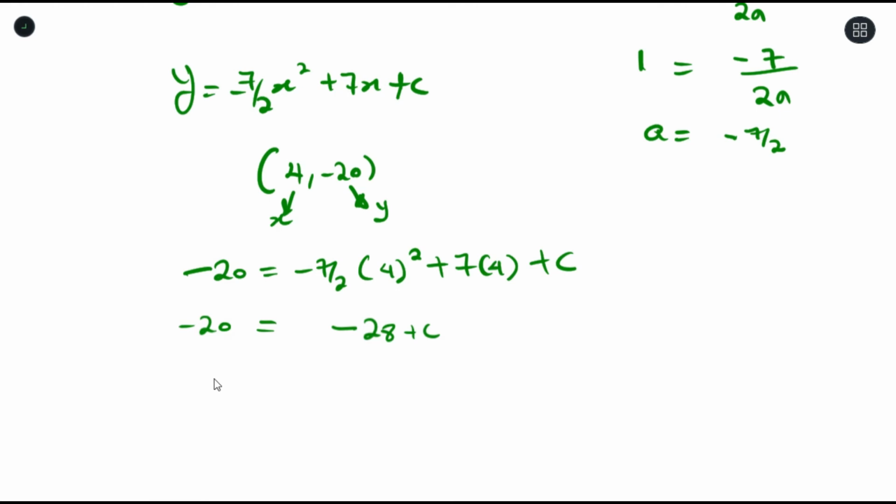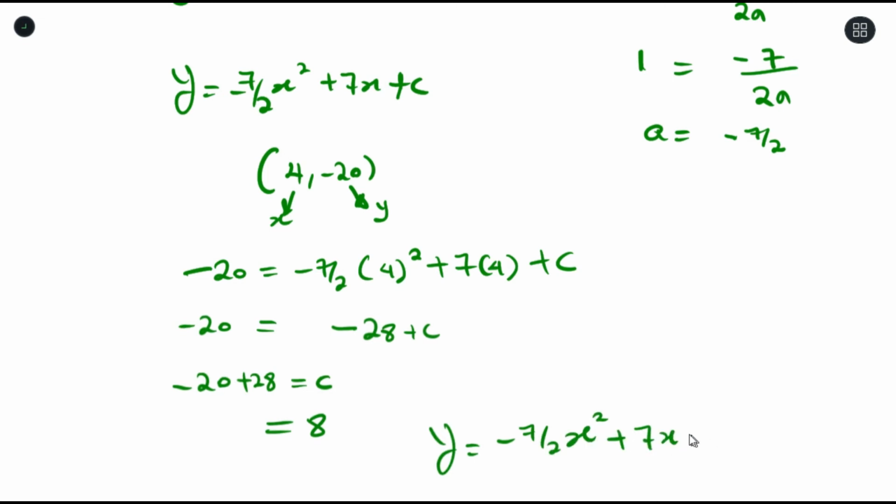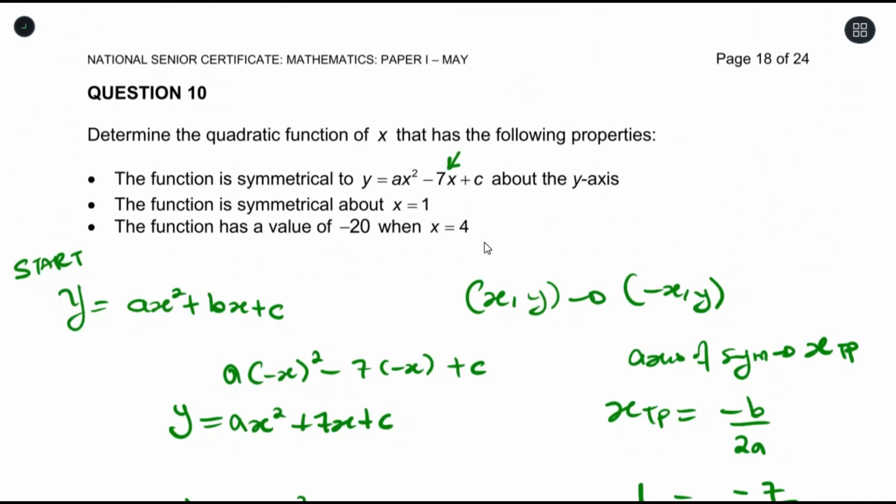I move that over. That will be negative 20 plus 28 is equals to c, so c is 8. So the actual equation is y is equals to negative 7 over 2 x squared plus 7x plus 8. Yes, and that's exactly what they wanted from this particular question. And that's it.